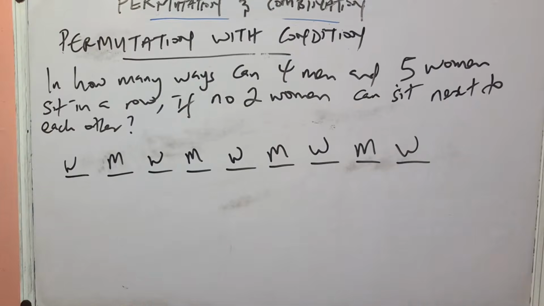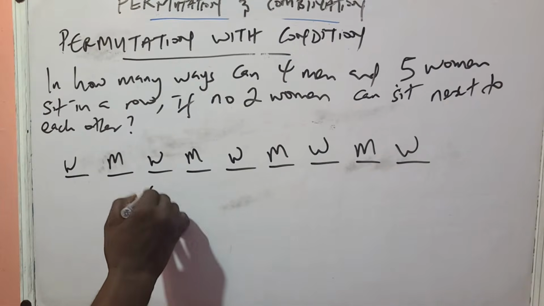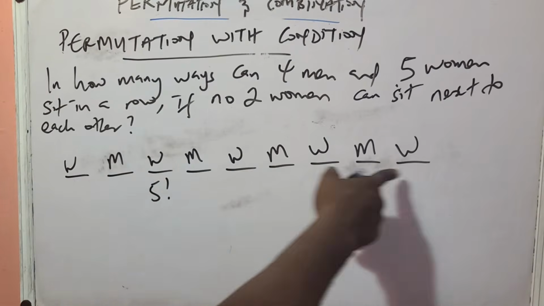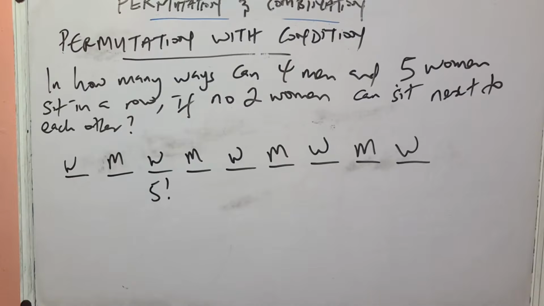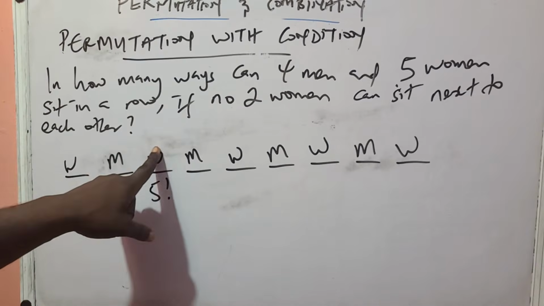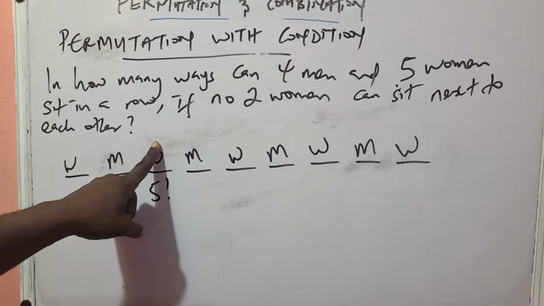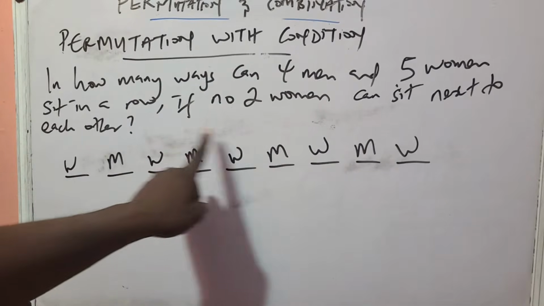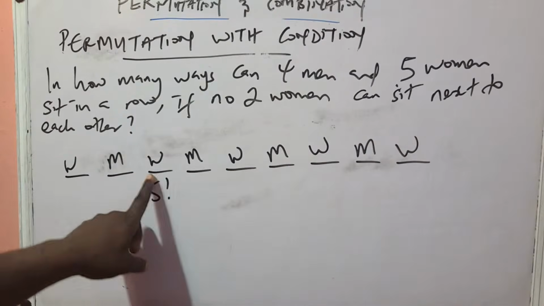That will obviously be 5 factorial, because you can arrange these seats meant for the women in 5 different ways. You can say this woman comes here, this woman comes here, and you keep swapping.